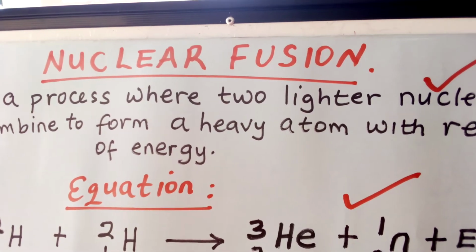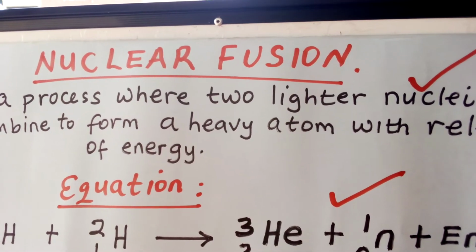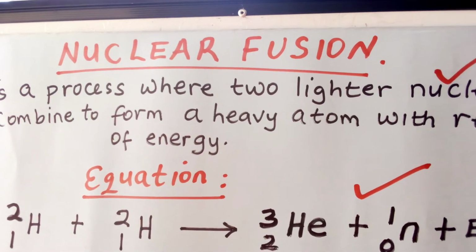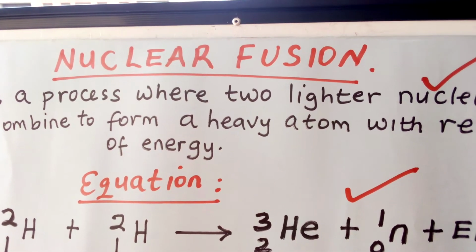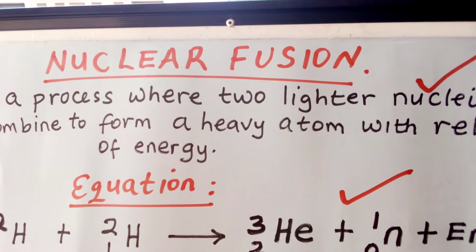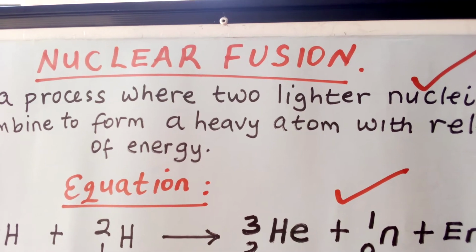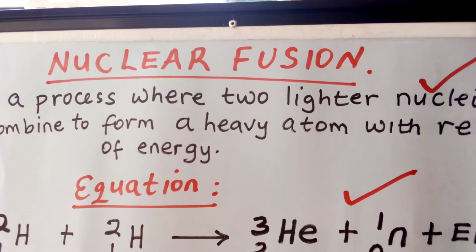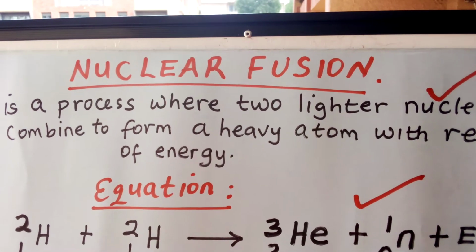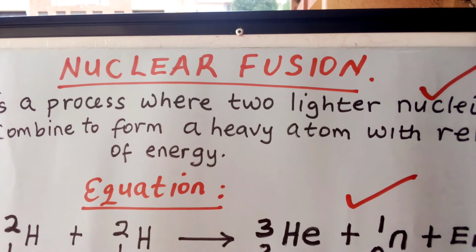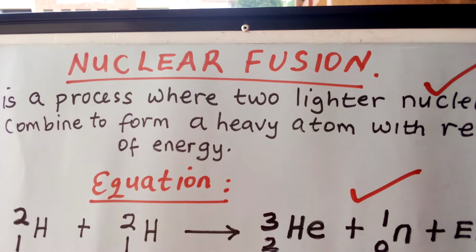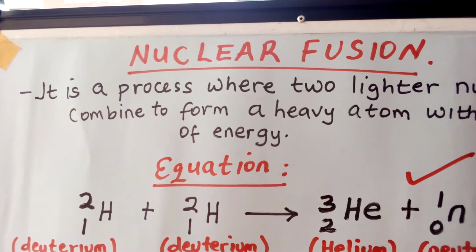In brief, you get two lighter atoms, join them together to form a heavy atom. Now, when that heavy atom is produced, there is also energy which is released. That process is what we call nuclear fusion, a process where two light atoms combine to form a heavy atom with the release of energy.